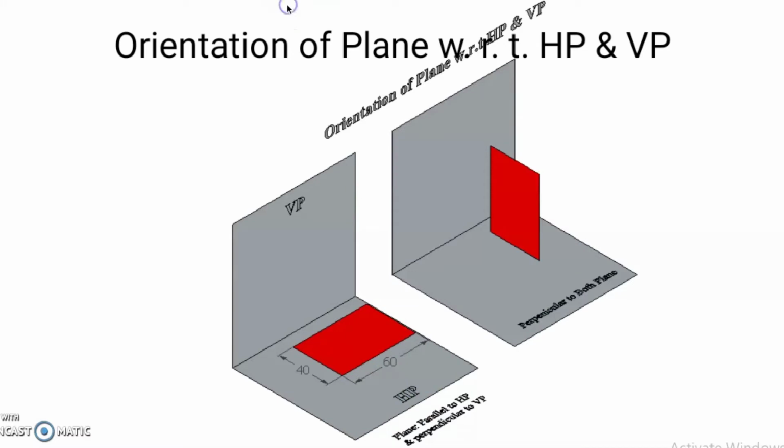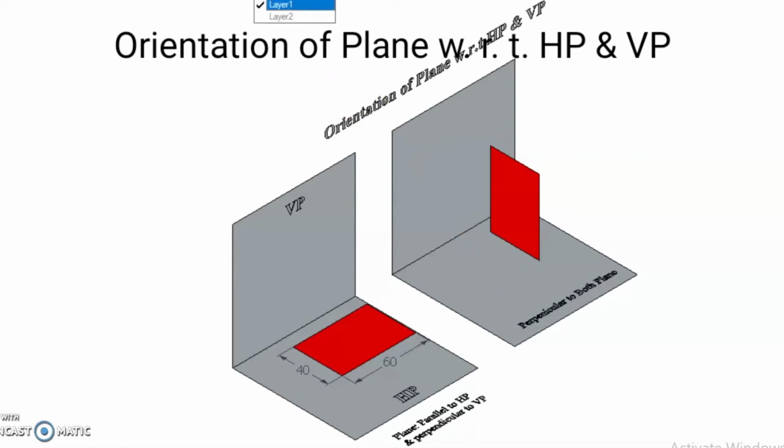Now consider the second case. In this case, the given rectangular plane is perpendicular to both VP and HP.